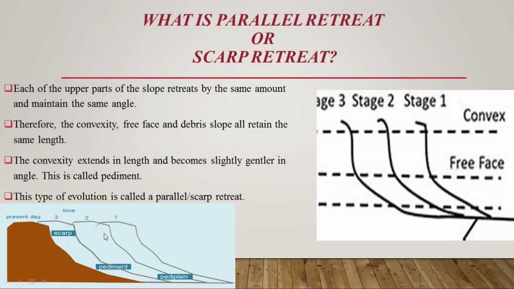They are just parallelly retreating back. And the reason is that sheet flood is the type of water flow which is dominant for this kind of process according to King. And as the process goes with time, the convex part will slowly become gentler.